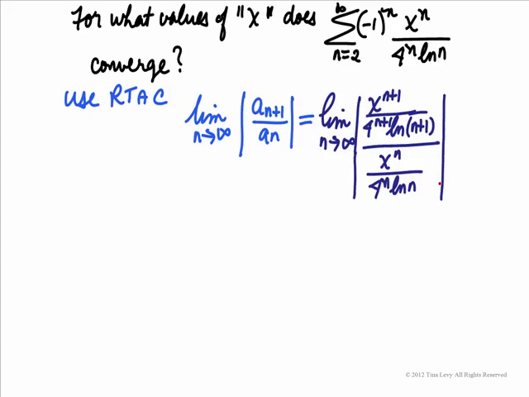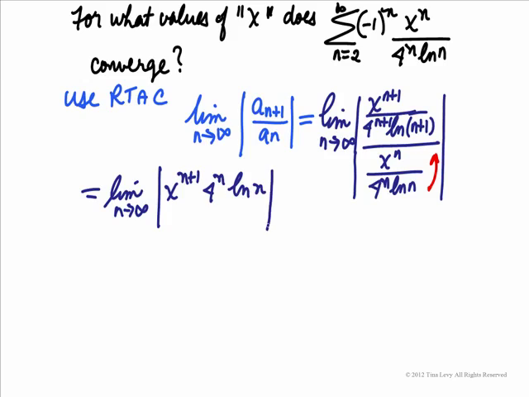Okay. So now I'm going to invert to multiply, and we get the limit as n approaches infinity of the absolute value of x^(n+1) times 4^n log n over x^n times 4^(n+1) log(n+1).